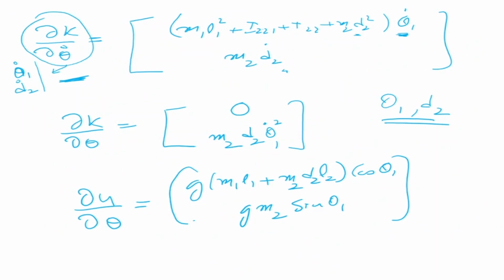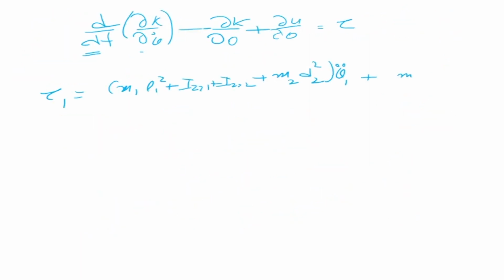So when you're taking d dt of this, when I'm computing this term d dt of dk by d theta dot, you'll have to differentiate twice, and what you'll get is the term plus 2 m2 d2 theta 1 dot and d2 dot, okay, plus the other terms are already there, plus m2 d2 g into cos theta 1. Okay, so this term is already here.